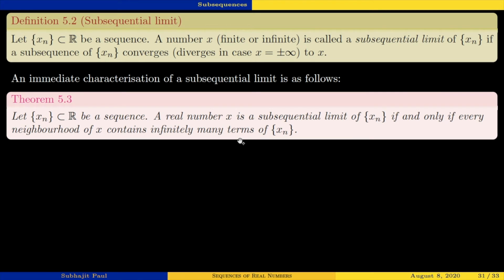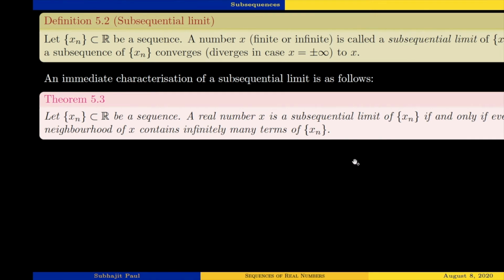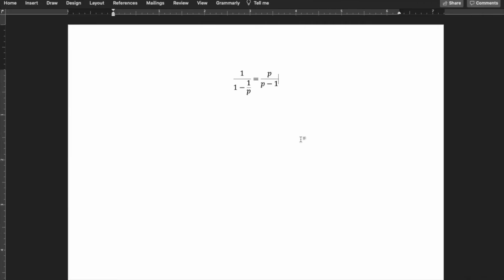Because for every real number x, I can write over here as well: why is there a subsequence of rational numbers converging to any given real number?